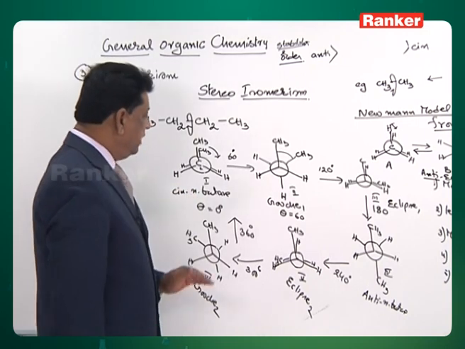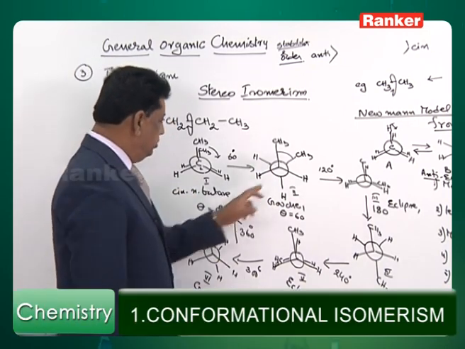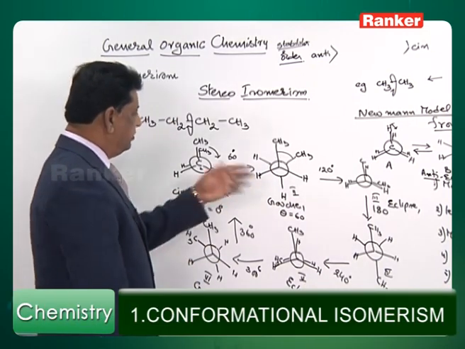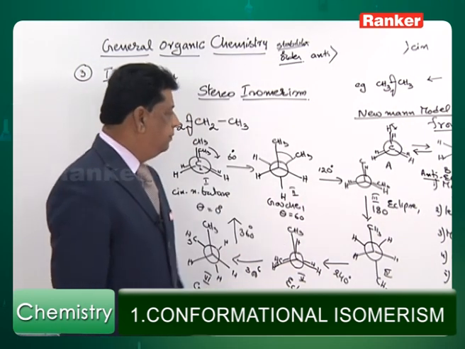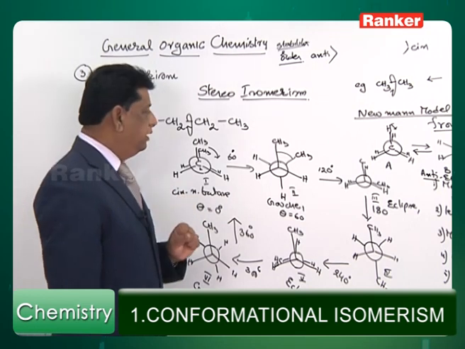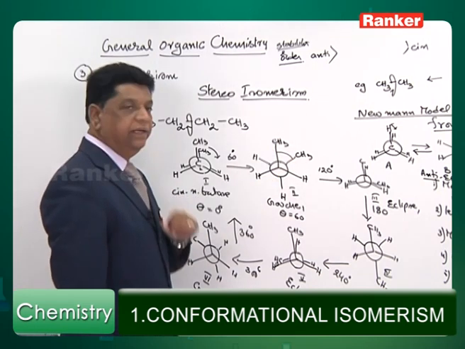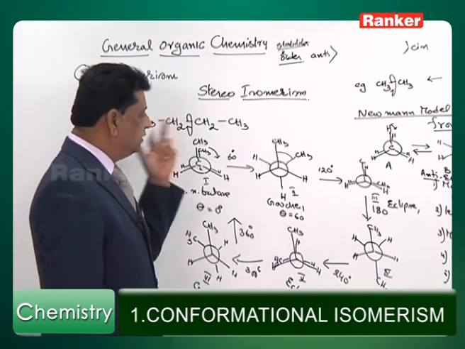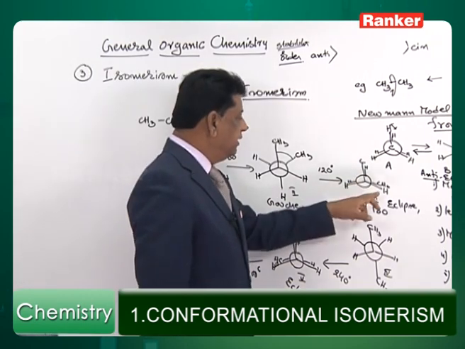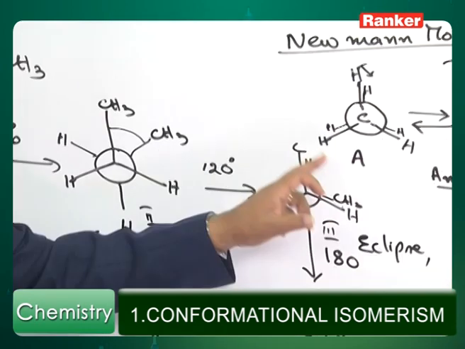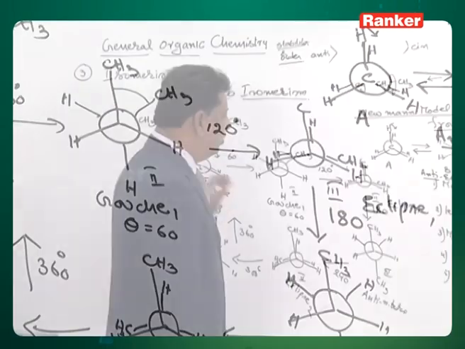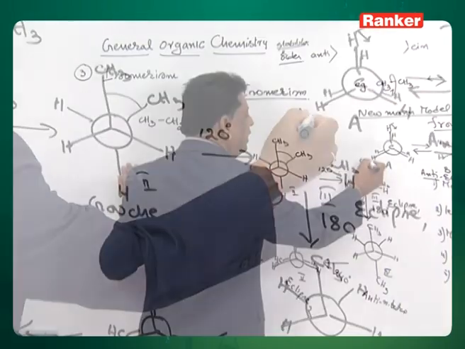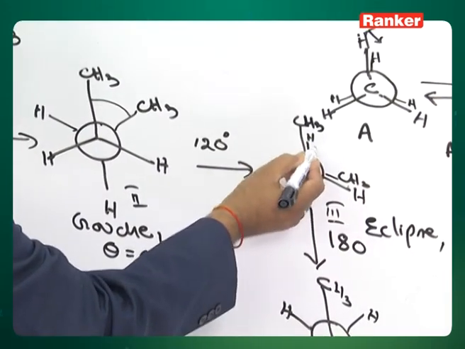The least stable is syn, and in between are these gauches. Two gauches are identical, almost, left side, right side. Two eclipses are identical. But out of gauche and eclipse, each one has one better point. They are separated here, one point. Therefore, repulsion will be less. Here, they are separated much more, so a better point. But hydrogen and methyl are crowded, so they have one minus point. What is that? Crowding, methyl and hydrogen.